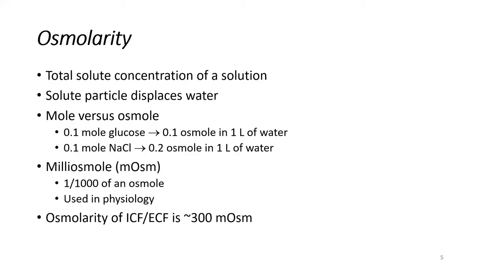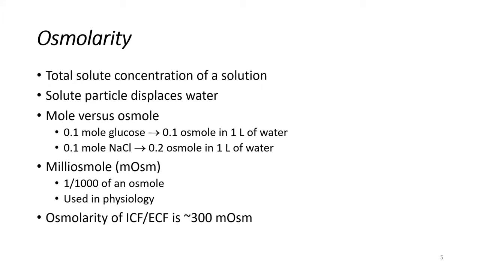In our physiology, we usually talk about a fraction of a mole. So we talk about the milliosmole, because our osmolarity is really just a fraction of 1 mole. And we usually use the milliosmole to represent the overall osmolarity of our body solutions, our plasma, and so on.